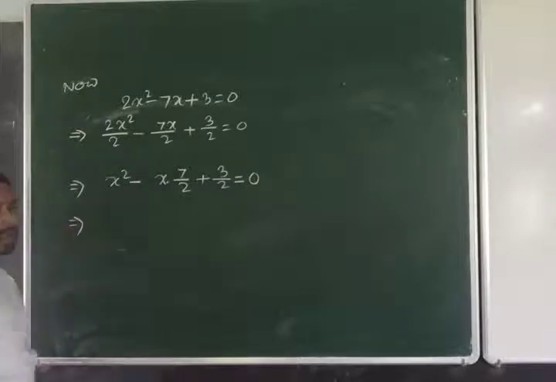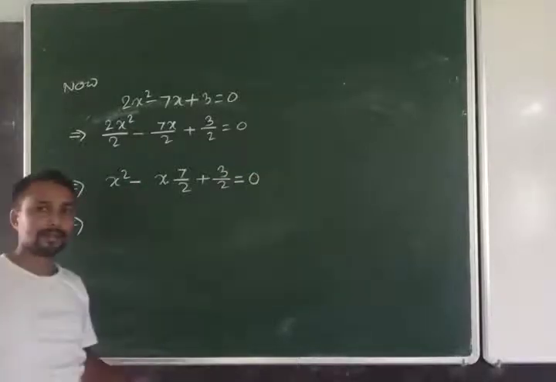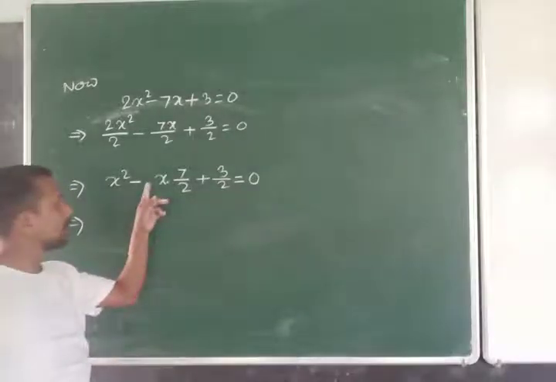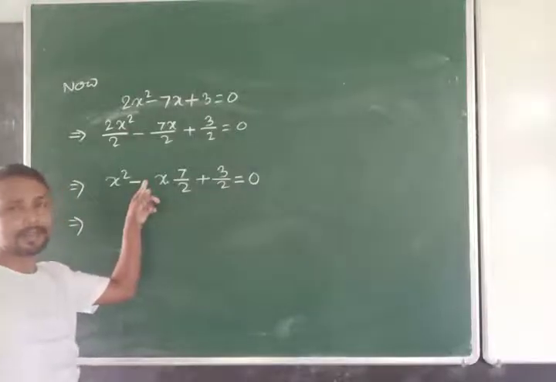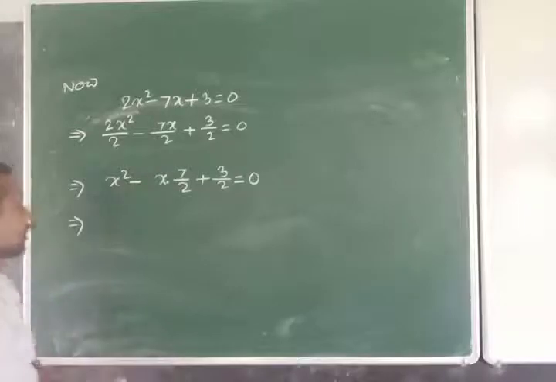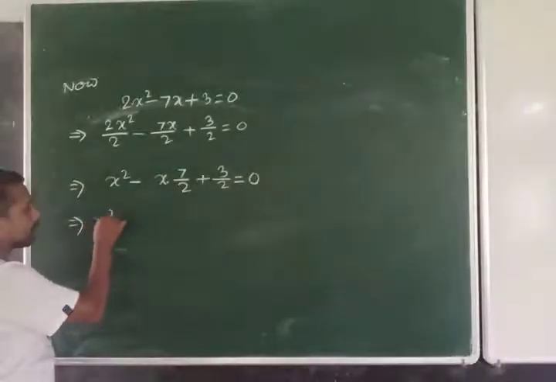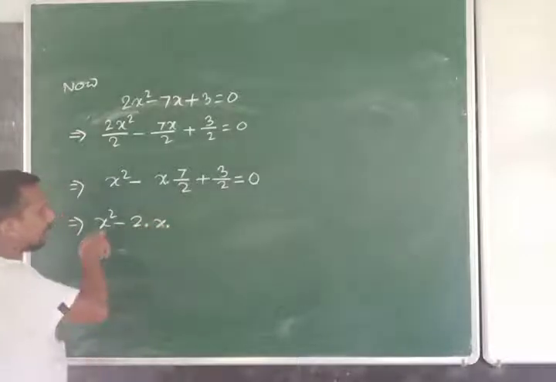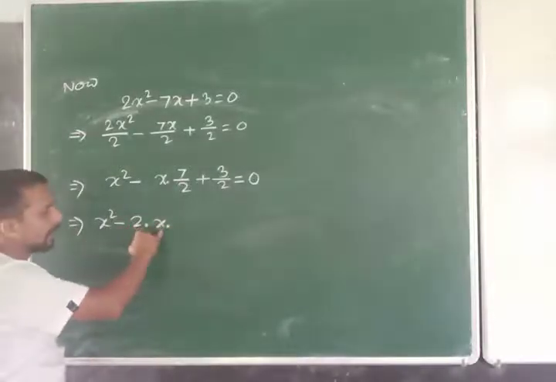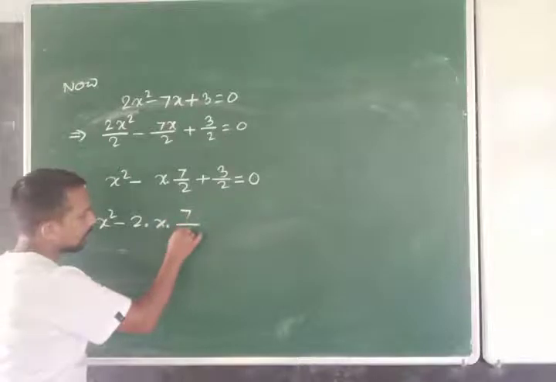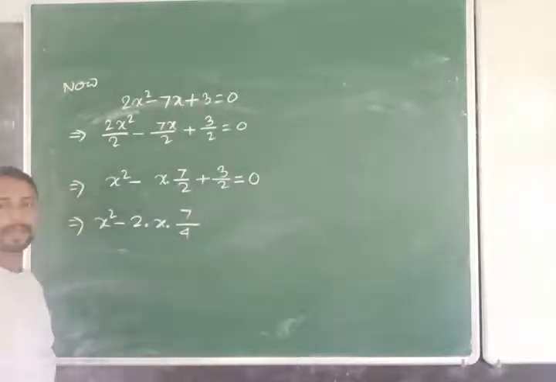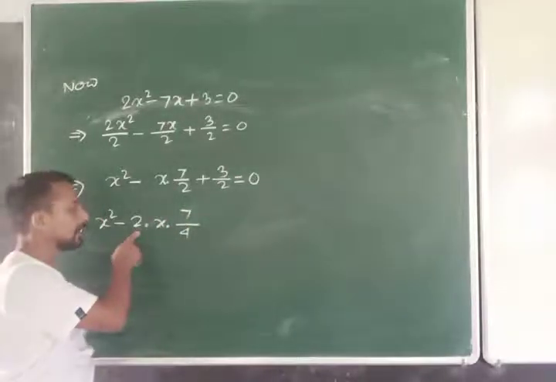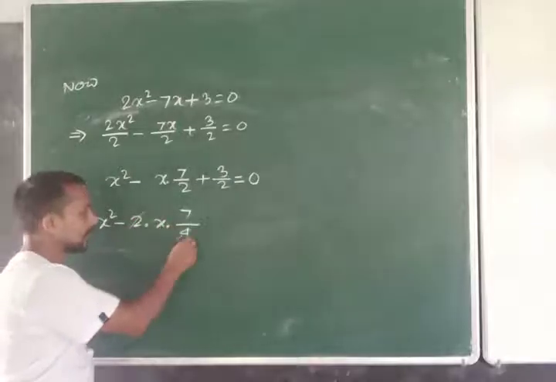First we found x square. Here, twice x is the middle term, so we can write x square minus 2 times x times a, where the second term will be 7 by 4, because the 2 is taken here, so it will cancel.